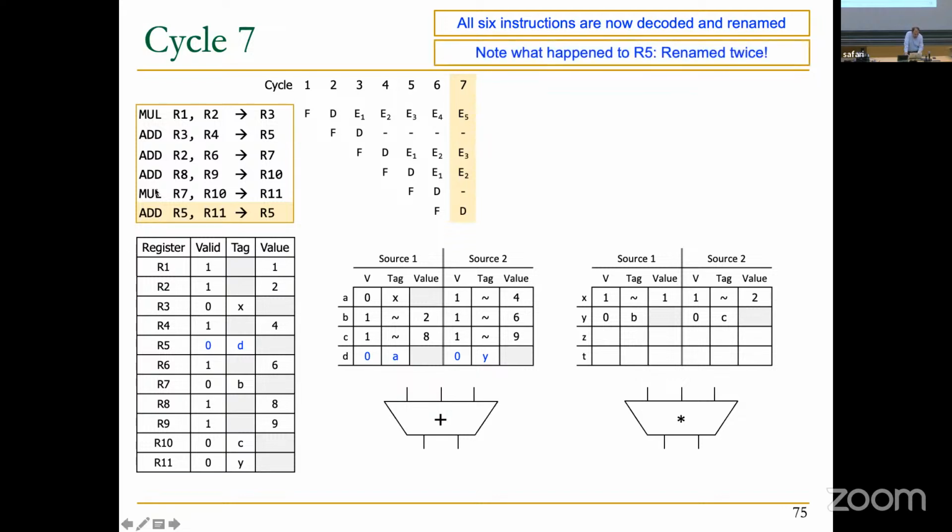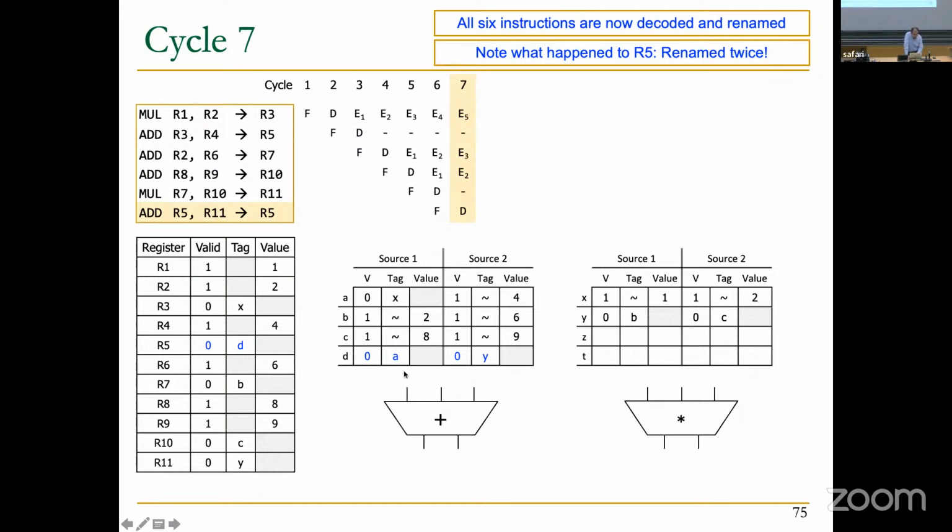What is interesting here is the last instruction, addition of R5 and R11, with the result going to be stored in R5. R5 originally needs to come from this instruction, so it actually gets renamed twice.